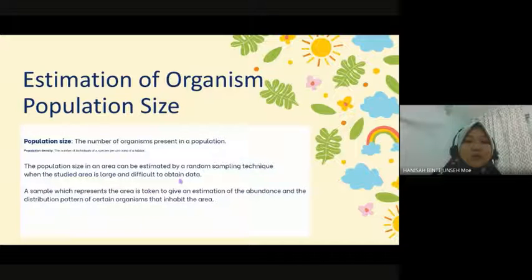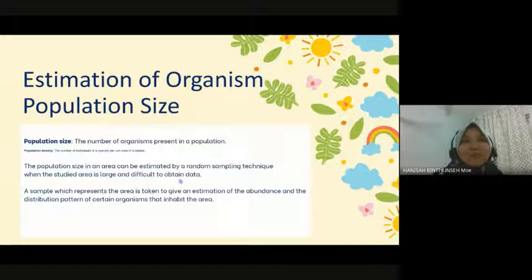Let's say we're going to do a survey. Kita mau buat survey tinjauan. So kita mau tahu apa pendapat, what are the opinions of teenagers about this COVID-19. Contohnya lah. So kita tahu teenagers dalam Malaysia ni pun sangat ramai. So kita ambil sampling saja.